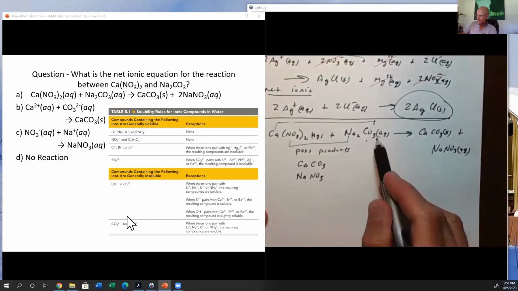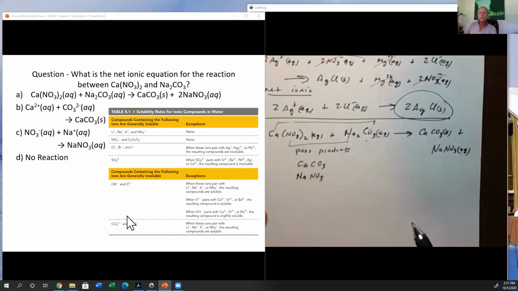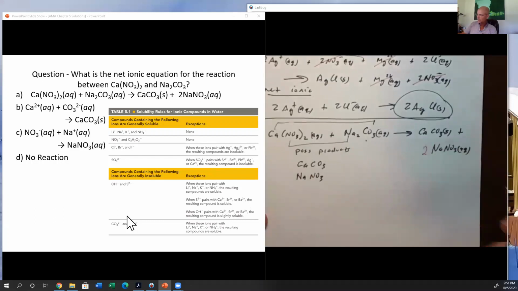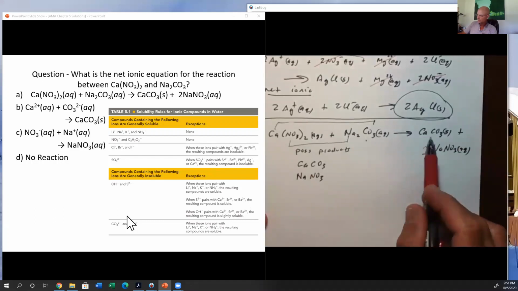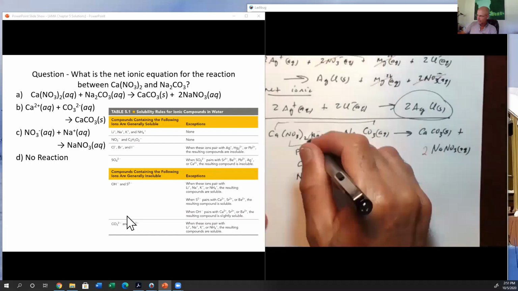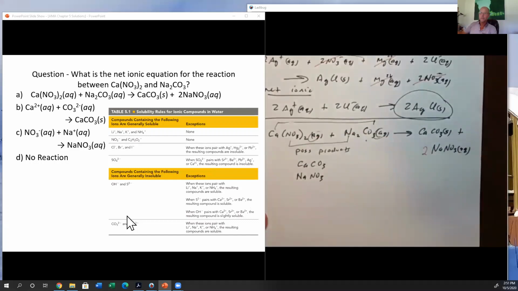And then anything that's aqueous gets broken up into its ions, right? Oh wait, what did I forget to do again? I forgot to balance this. How am I going to balance this? I have a 2 here. I have 2 sodiums here, so I need 2 there. Calcium 1, carbonate 1, nitrate 2, so that's good. So that's balanced. And then you got to break up anything that's aqueous into the ions and then eliminate the spectators.